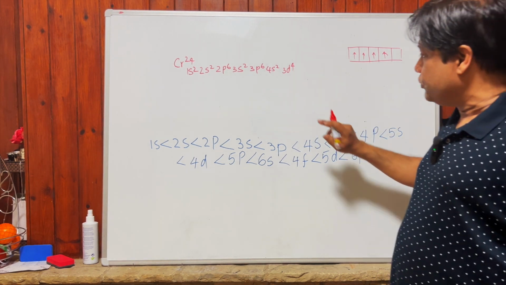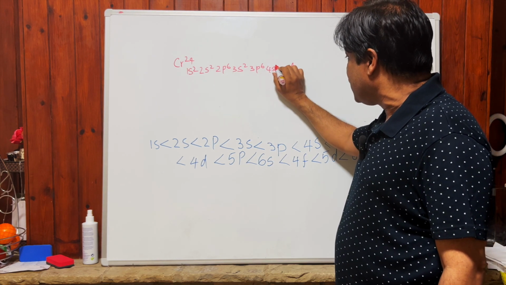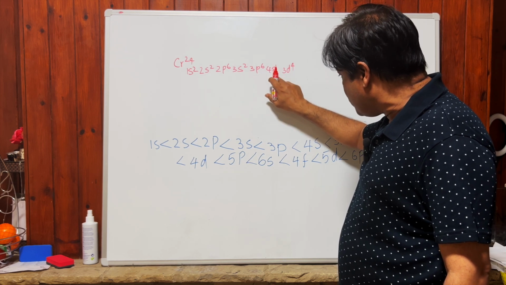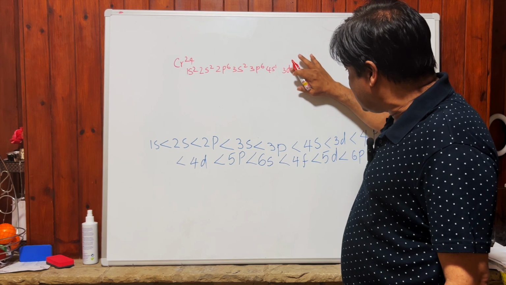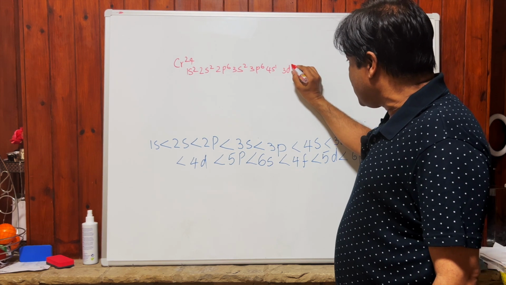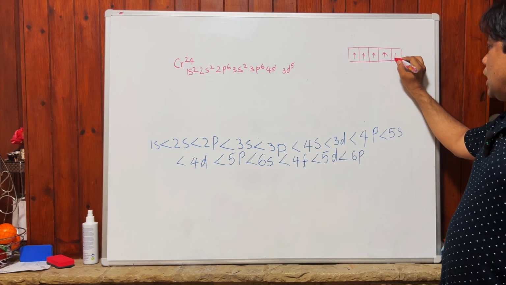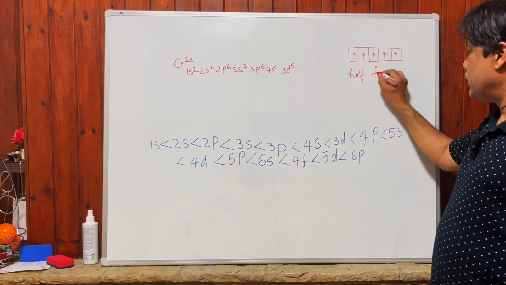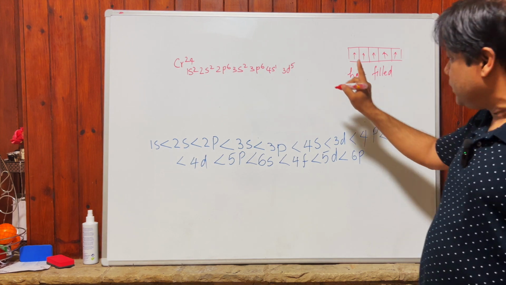So what we will do, because of the small energy difference between 3d and 4s, we can jump one of the s orbital electrons to d, and rewrite the configuration as 4s1 3d5, which is the most stable configuration. This configuration is called half filled. Half filled is more stable than partially filled.